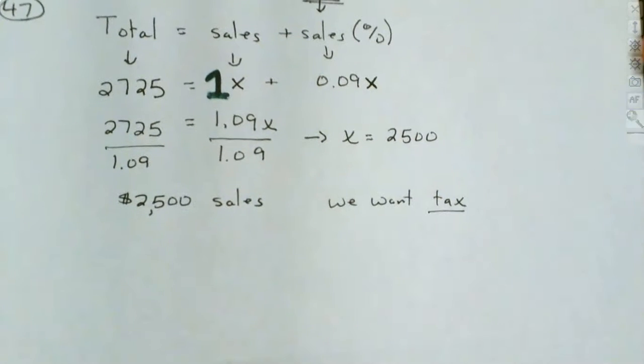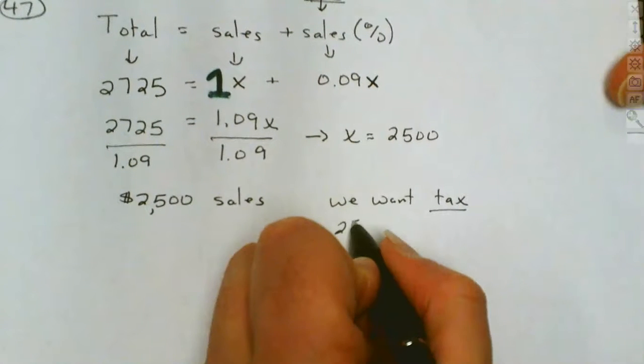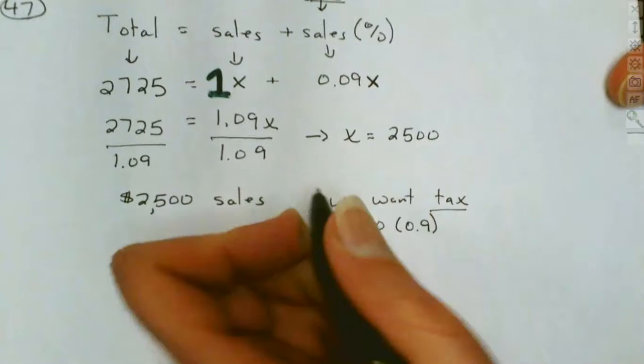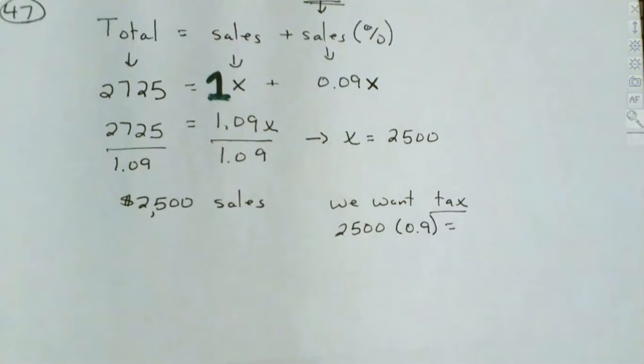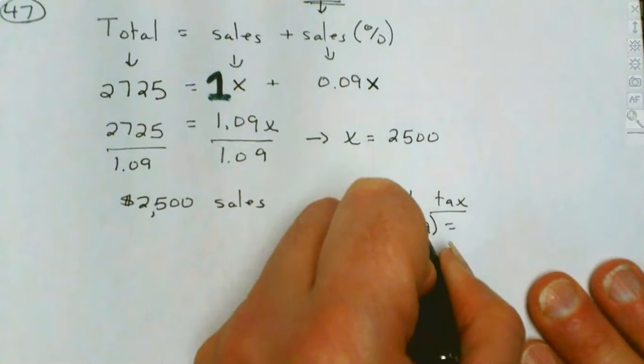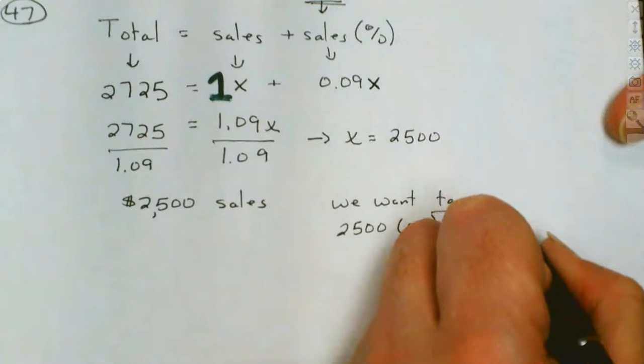Now, there's two ways of doing it. One way would be you take your $2,500 and you times that by your 9%, and that gives you then, when we multiply, watch your zeros here, I didn't put enough zeros. It's 0.0, now be very careful with those decimals. And we've got 2,500 times 0.09, that's 9%, $225.